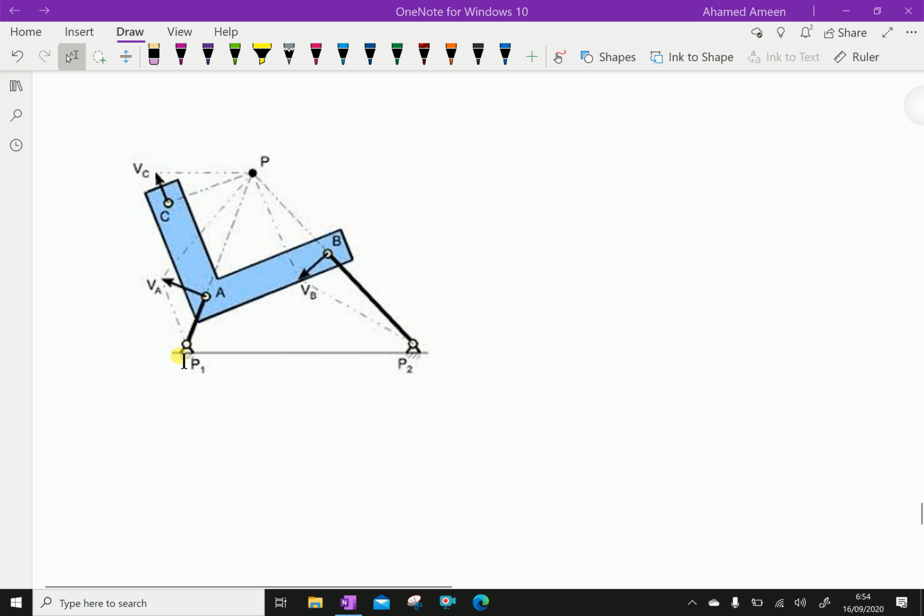While it oscillates, the L link moves in rotation because of the movement of the frame, so the L link also has rotation and translation. The point P is called the instantaneous center.